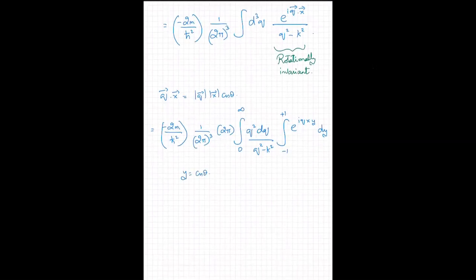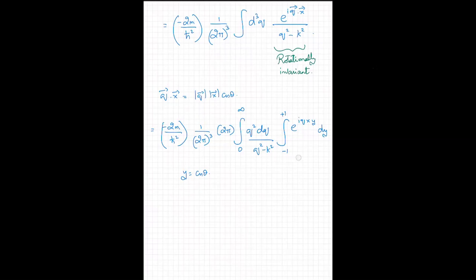Okay. Which means, remember that the usual integration is integral d theta sine theta, which can be written as minus dy. So if I use that, I get this particular form. So what is the integration over the cosine theta variable?